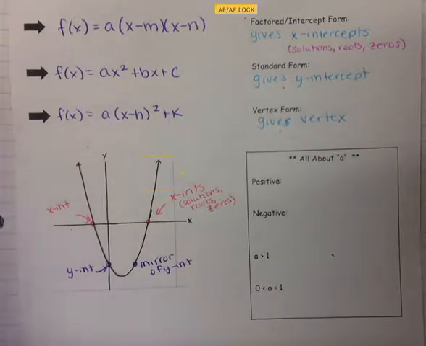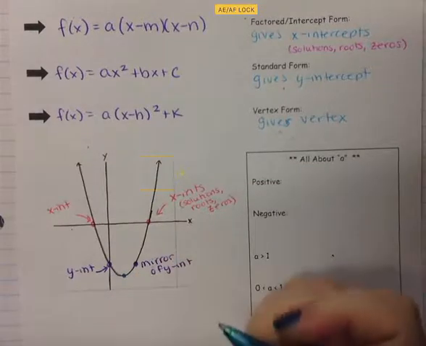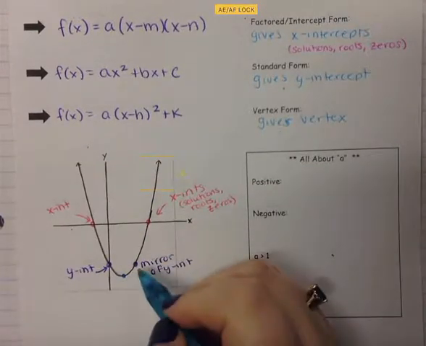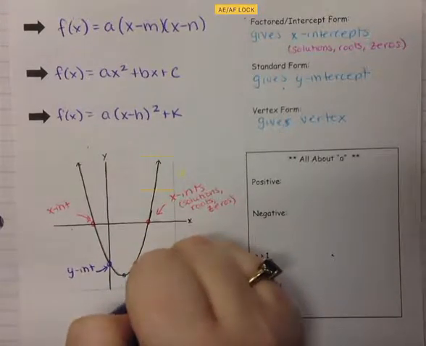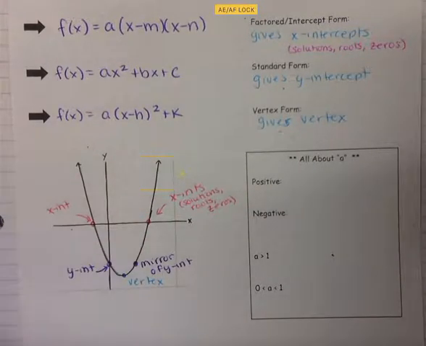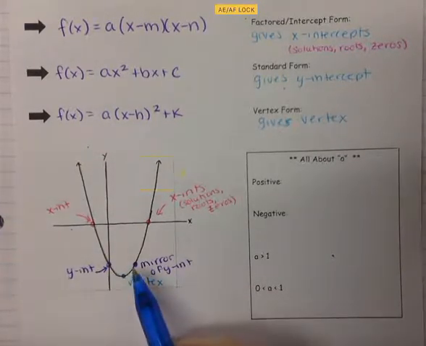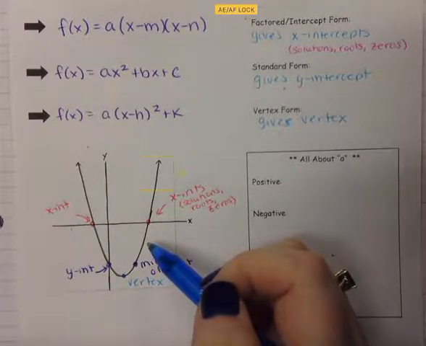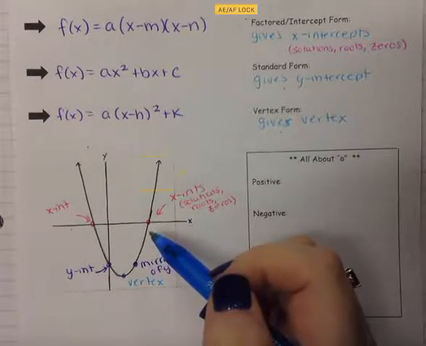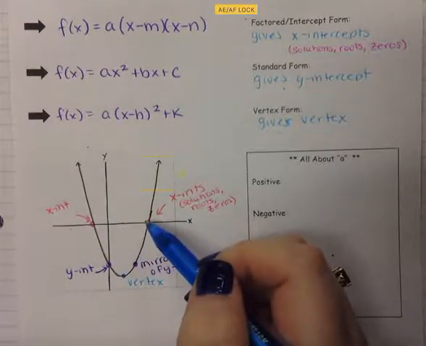You will also have your vertex. Your vertex is at either the top or bottom of your graph. It's because it's where it's turning. That's your minimum or maximum value. This is your vertex. Now there is something else that you have to know. The reason why we're able to mirror these is because these are symmetrical, and there is a line of symmetry. It's where you can fold the graph to make the mirror images touch each other.